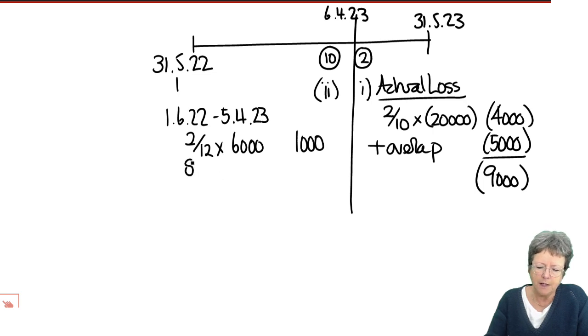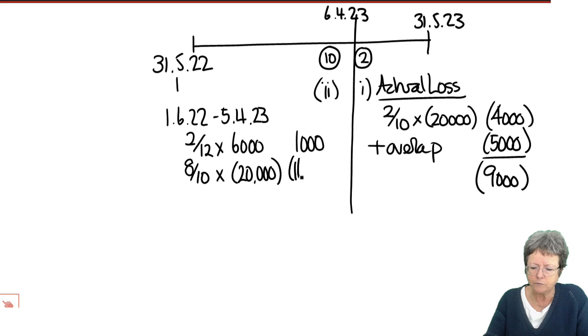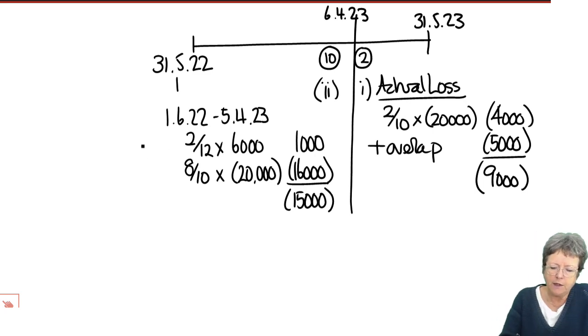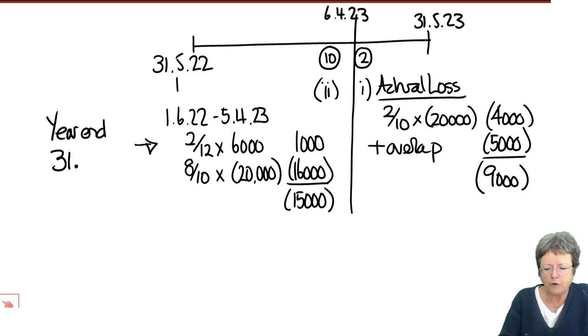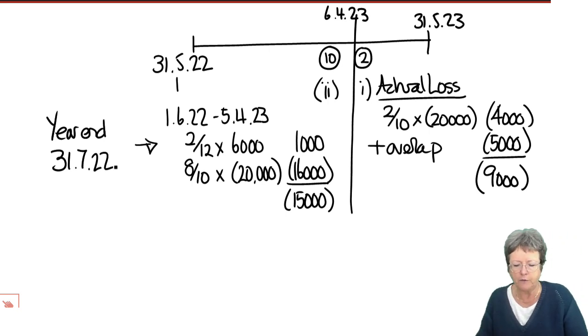And then the remaining 8/10 of the loss, giving me an overall loss of 15,000. Now they have come from the year ended 31st of July 22. That's where those profits have come from.